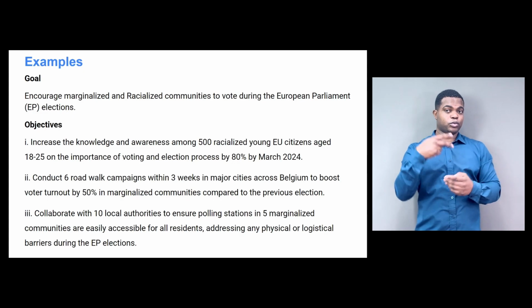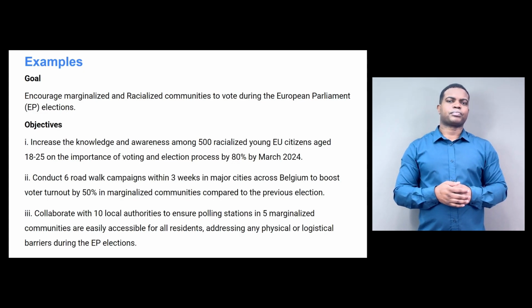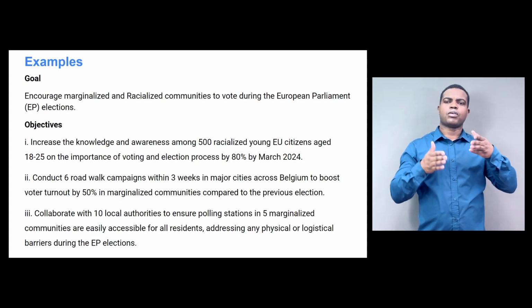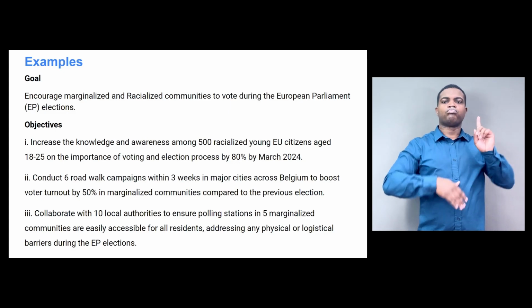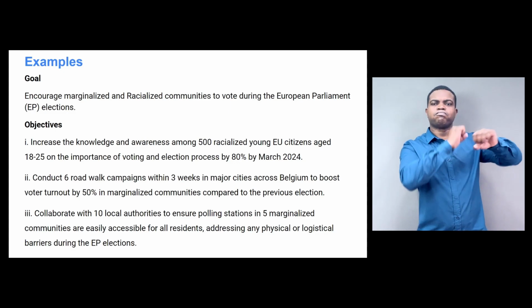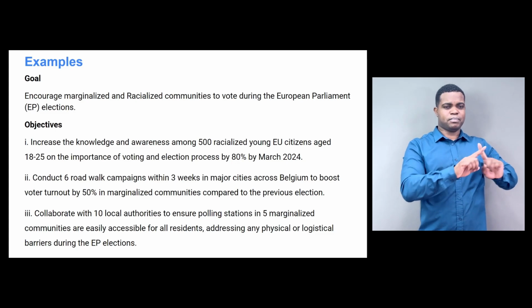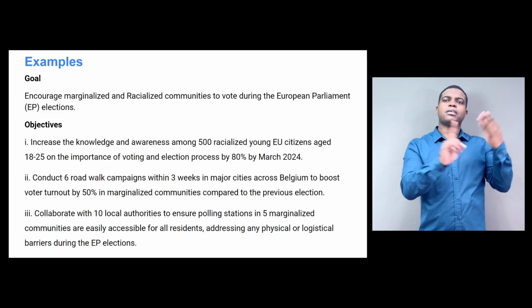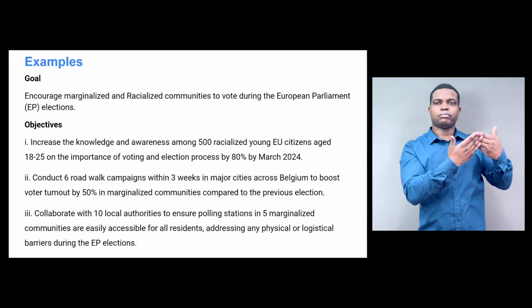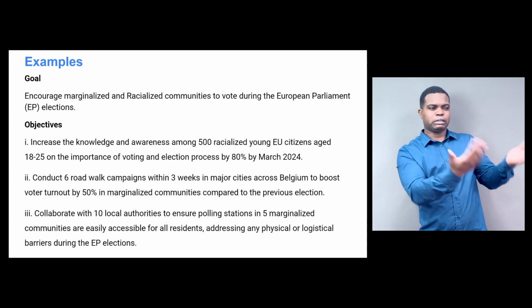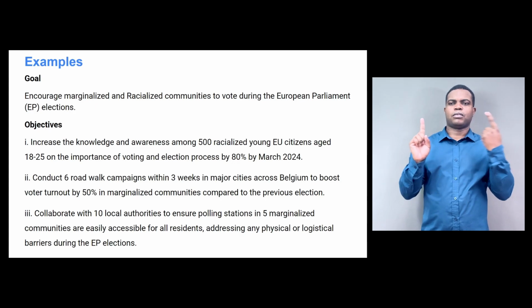So let's look at objective number 2. You can have an objective like: conduct 6 roadwork campaigns within 3 weeks in major cities across Belgium to boost voter turnout by 50% in marginalized communities compared to the previous election.